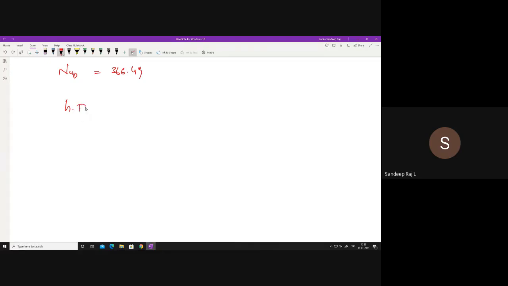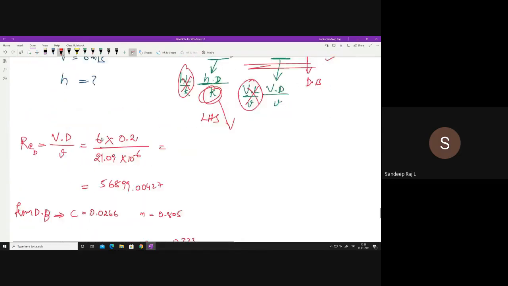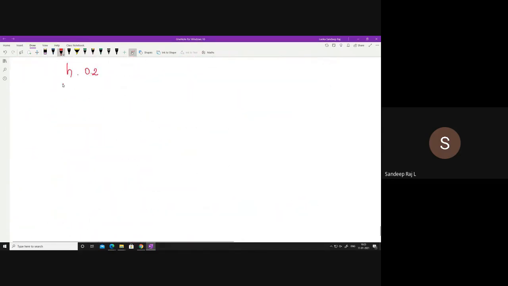Nusselt number is equal to hd by k, which has to be taken here, and the h value is unknown. The d value is given as 0.2 meter in the question, and k is 0.03047, which you have taken from the data book just now.